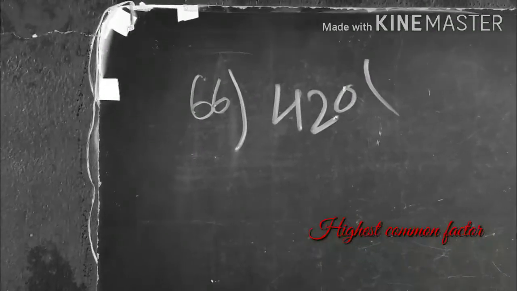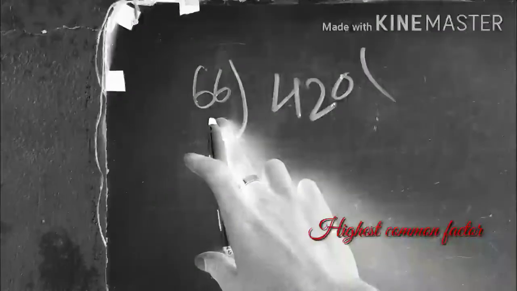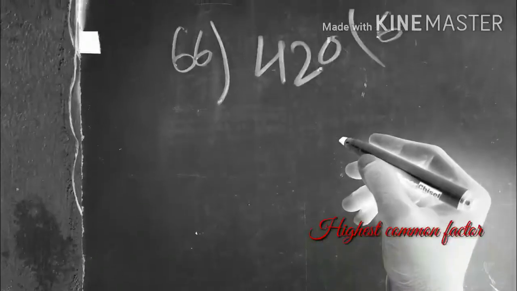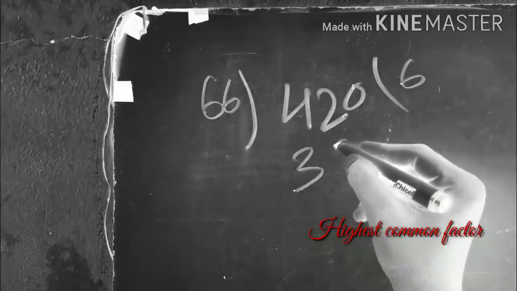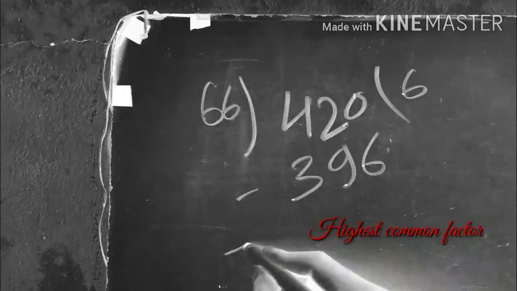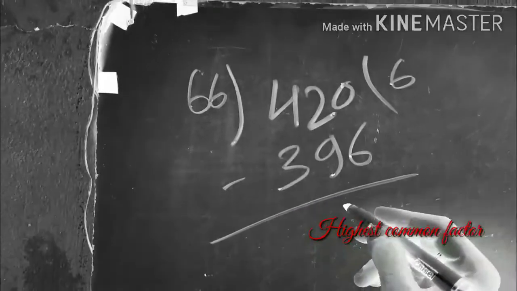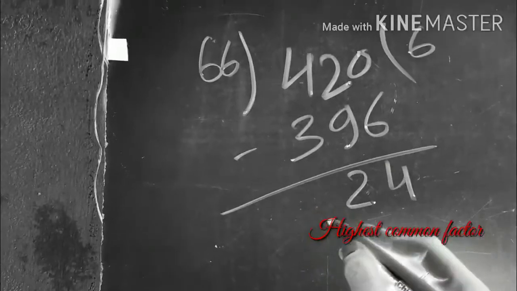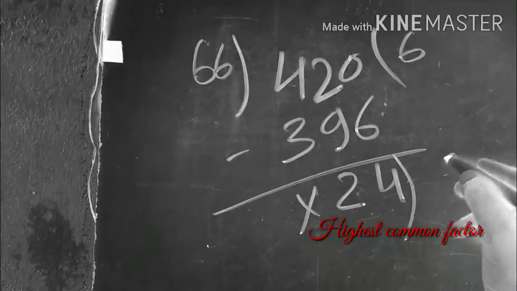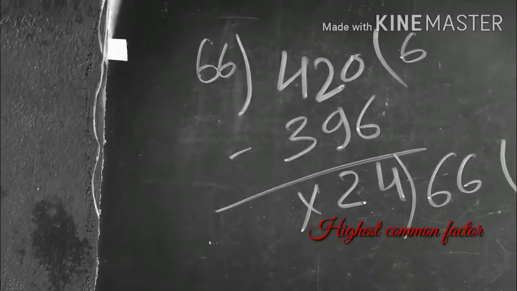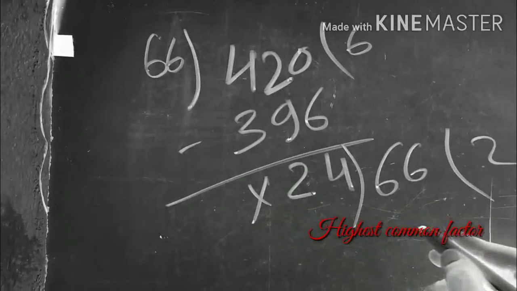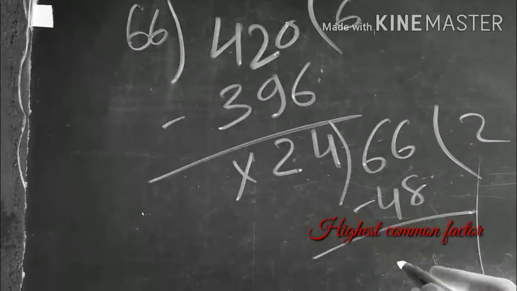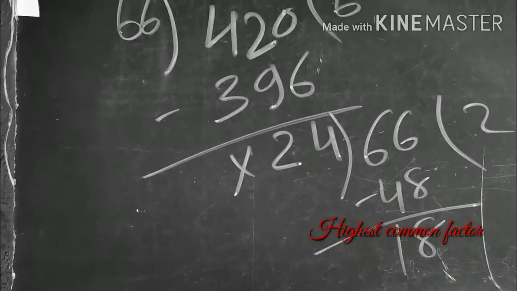66 divides 420. If you take 66 six times, how much will come? 396. Subtract. 24 will come. 66 two times, 48, 18.